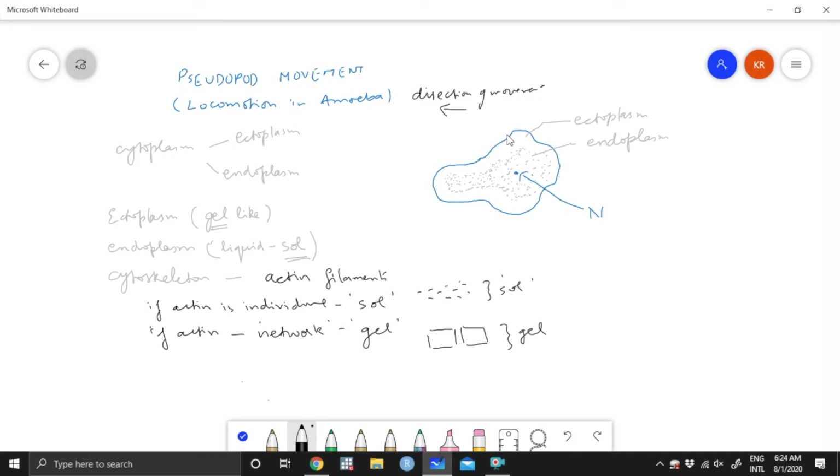So very quickly, the same plasma membrane at this anterior end, wherever it is supposed to move along that direction, it quickly develops a layer called as plasma lemma, and at this anterior end it forms a transparent hyaline cap.